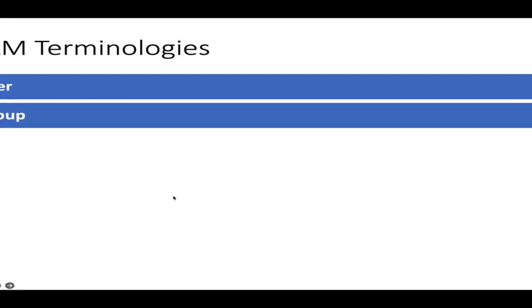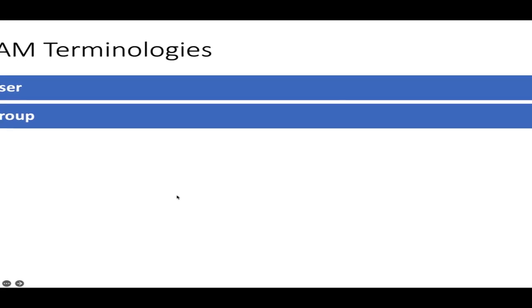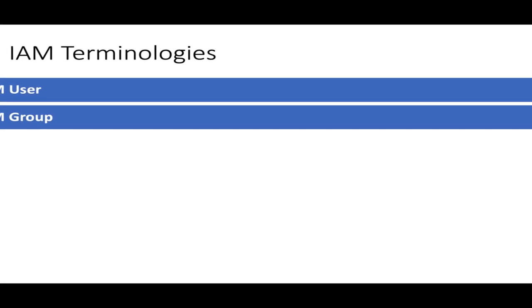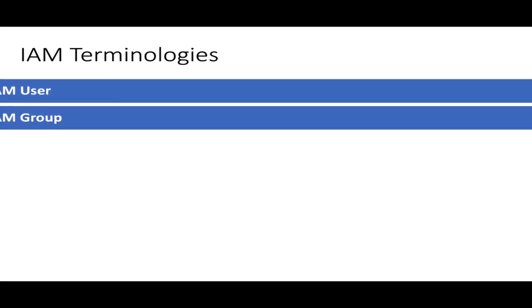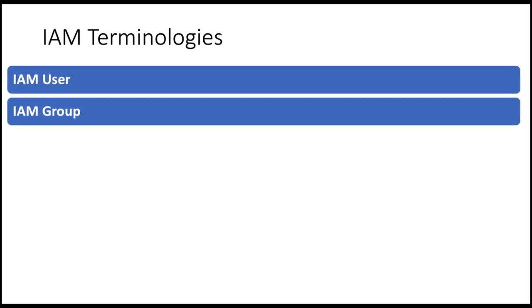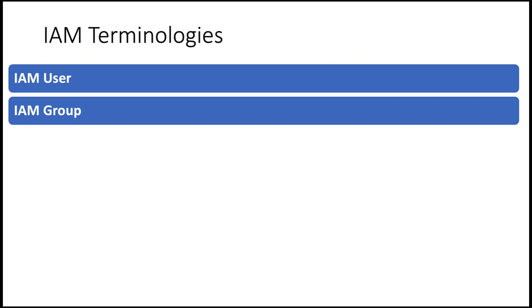IAM group. An IAM group is a mechanism that is available for you to grant permissions to a group that has similar functions. So if you have a group of developers, like 5 developers in your organization across different regions, instead of creating each individual user and then attaching specific permissions to those users, you can create a group, then create those users and put all of those users into the group and then attach permission to that group.